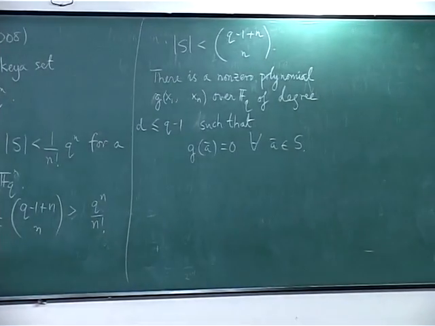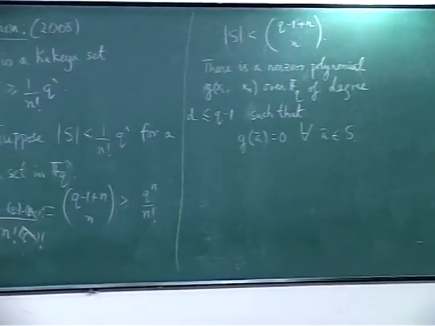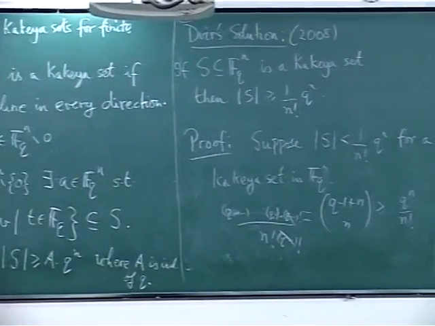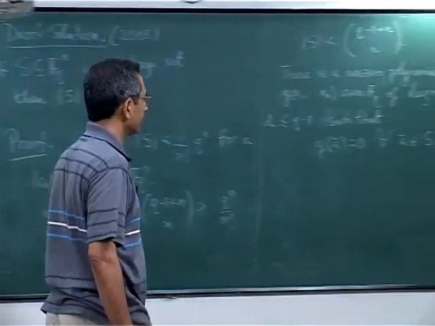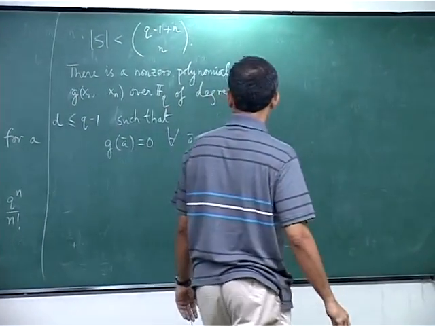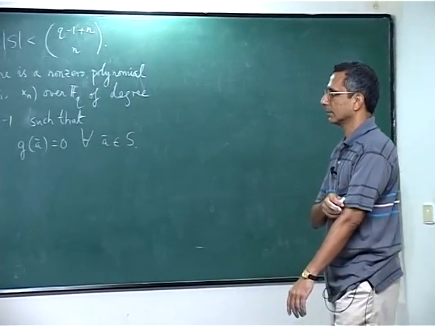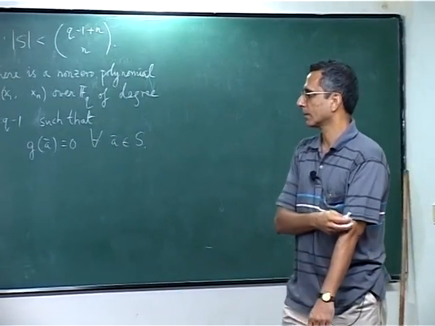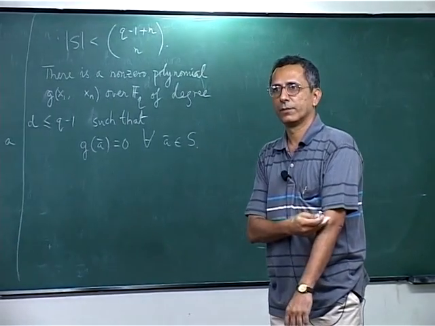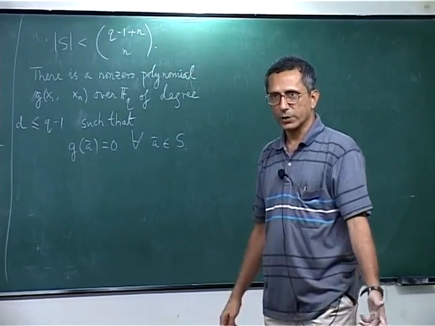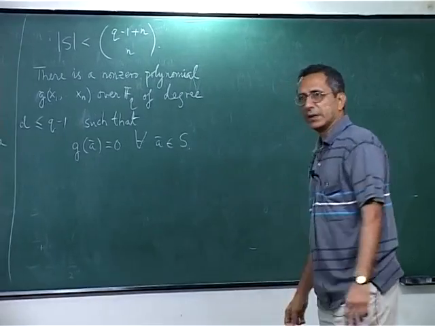Okay. And now we want to use the fact that the Kakeya set contains a line in every direction. I want to use that fact. How do we use that?